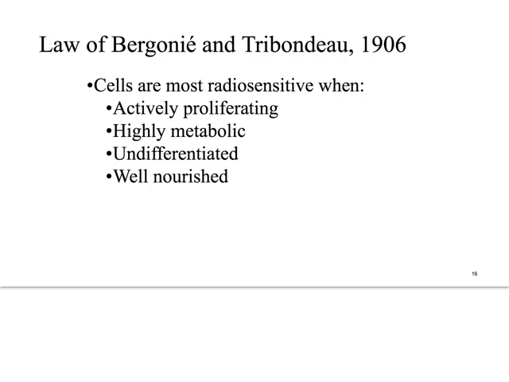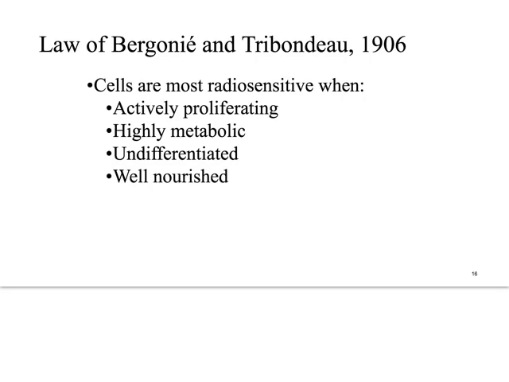So, changing gears just a little bit, let's talk about the law of Bergonié and Tribondeau from experiments that they did in 1906. So fairly early on, after the discovery of radiation, these guys and one other fellow, I can't remember his name, were doing experiments with, I think, rabbits, and looking at how radiation interacted with different cells within their reproductive systems.